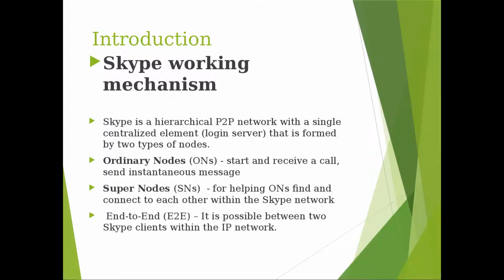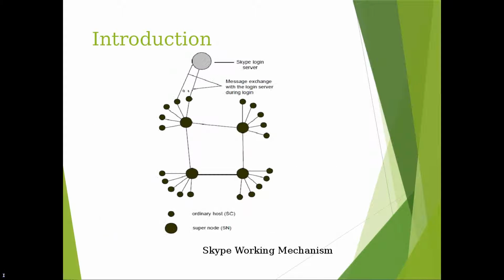Skype is a hierarchical peer-to-peer network with a single centralized element, the login server, and it is formed by two types of nodes, ordinary nodes and super nodes. Super nodes help find people in the network, and ordinary nodes start and stop calls, receive calls and send messages.